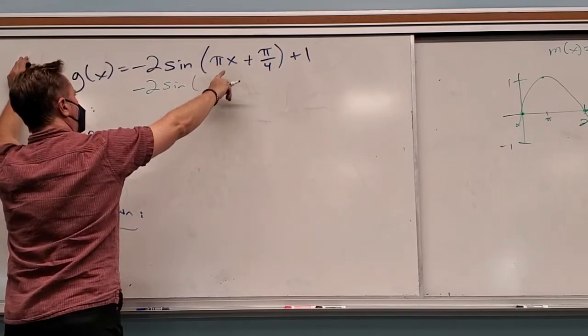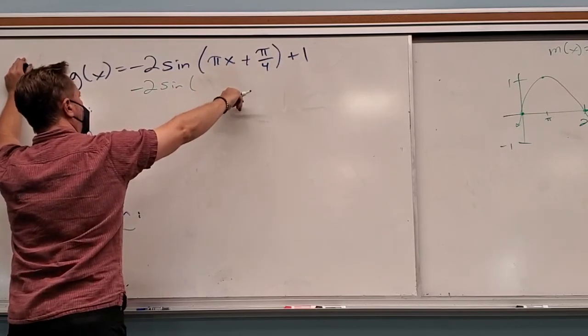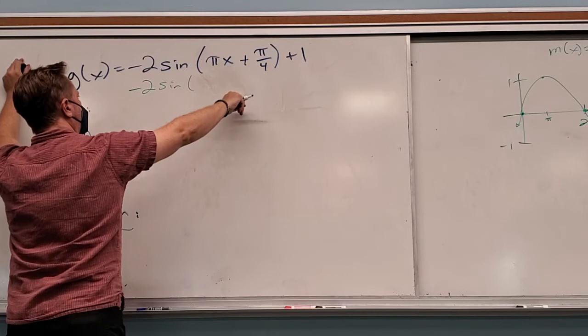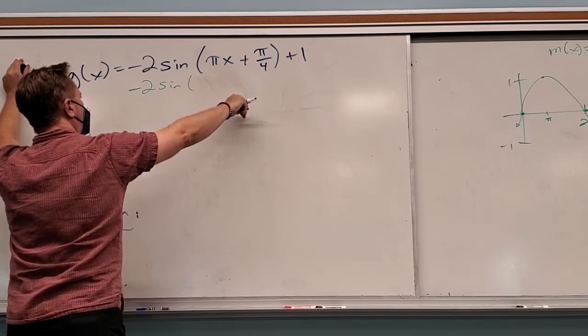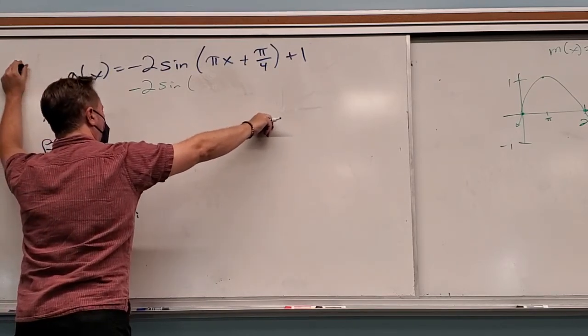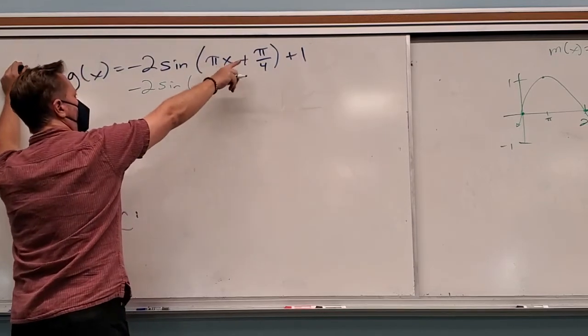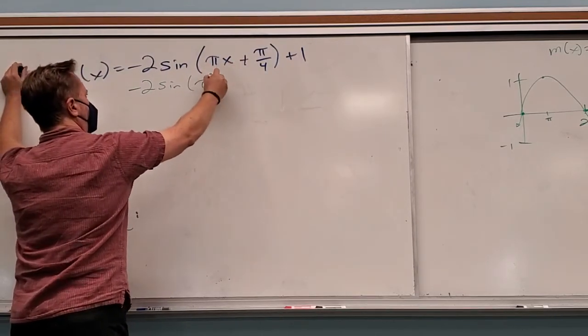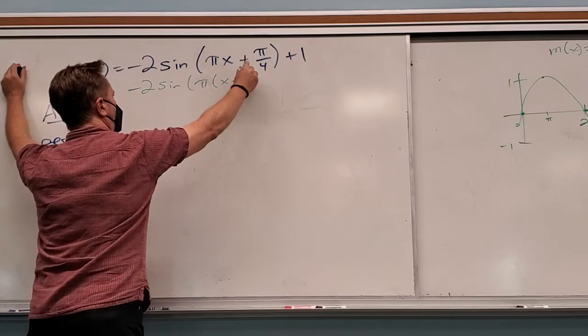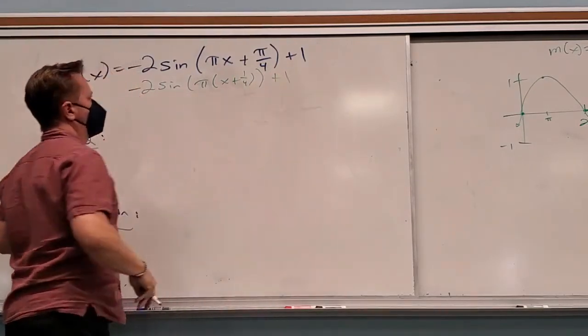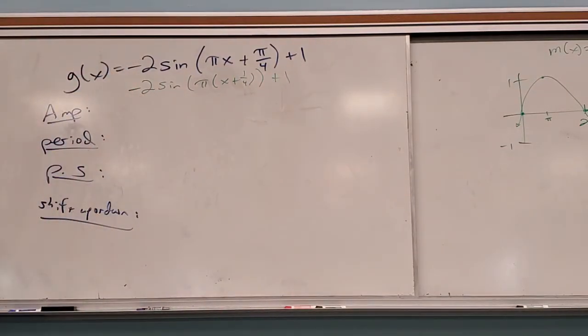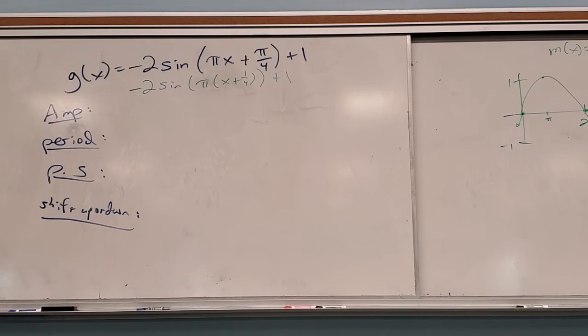Just to make sure everybody does this correctly, what can come out? Pi. Okay, so do those. Tell me what those are.